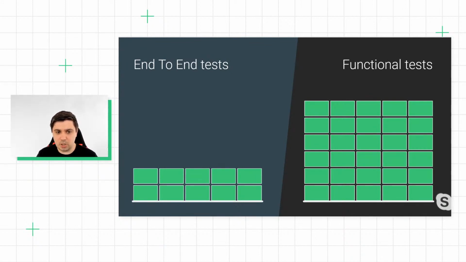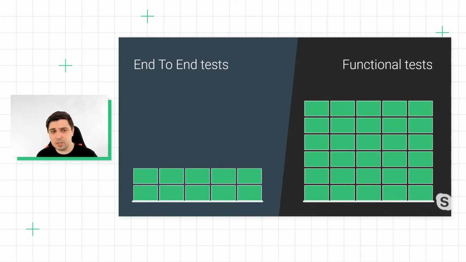So I propose to combine end-to-end tests and functional tests. And we don't need too many end-to-end tests. Usually they are used for the happy path, and a lot of other stuff we can cover with functional tests. We can check that if we provide such data, it will be rendered in a proper way.